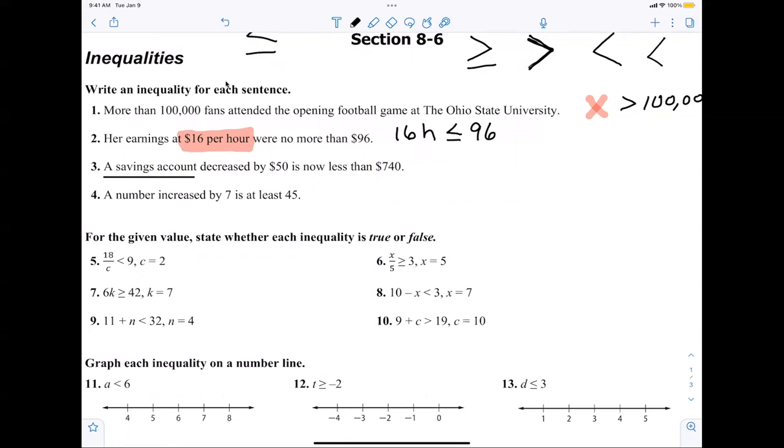H. We can use H. Actually, I liked what you said before. It's talking about an account, so let's do A. Now, what does decrease mean? Add, subtract, multiply, divide. Subtract by how much? 50. Is now less than 740. So now what symbol do I use?